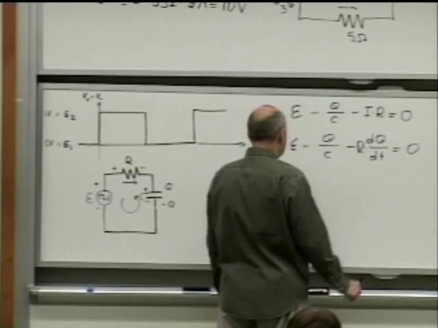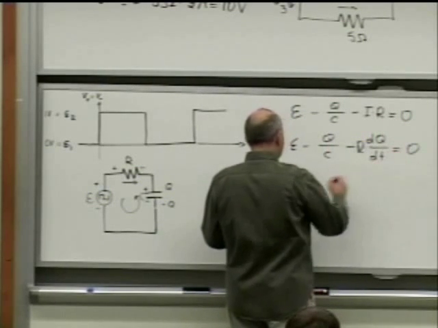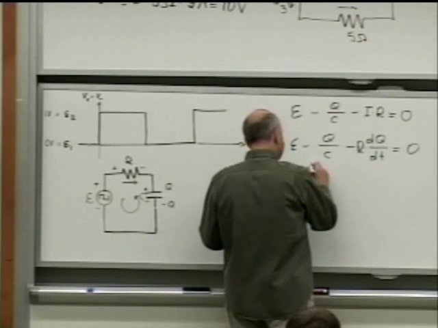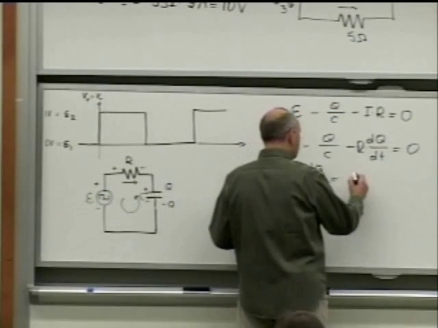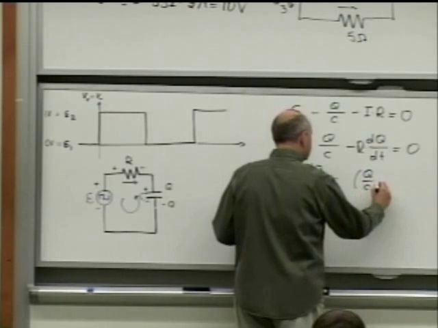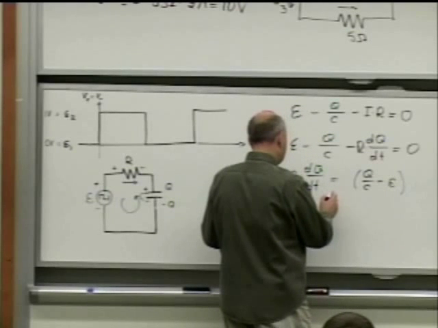All right, so we can just move these two terms to the right-hand side. So minus R dq over dt is going to be equal to q over C minus epsilon.